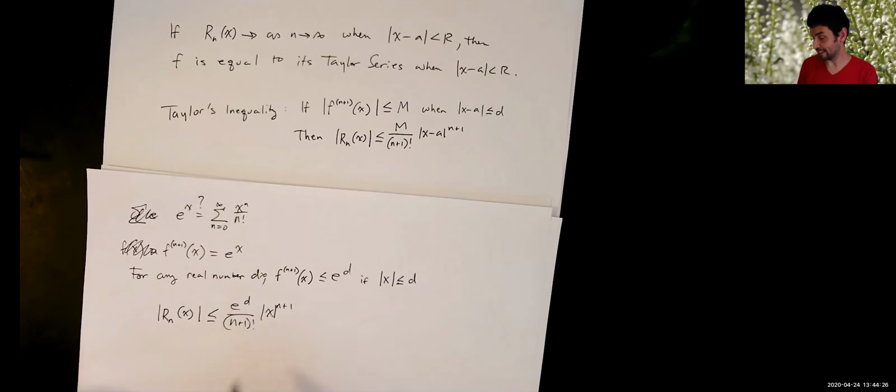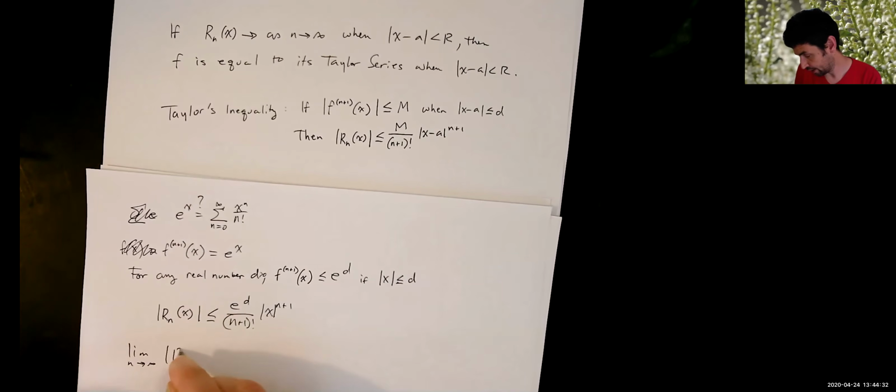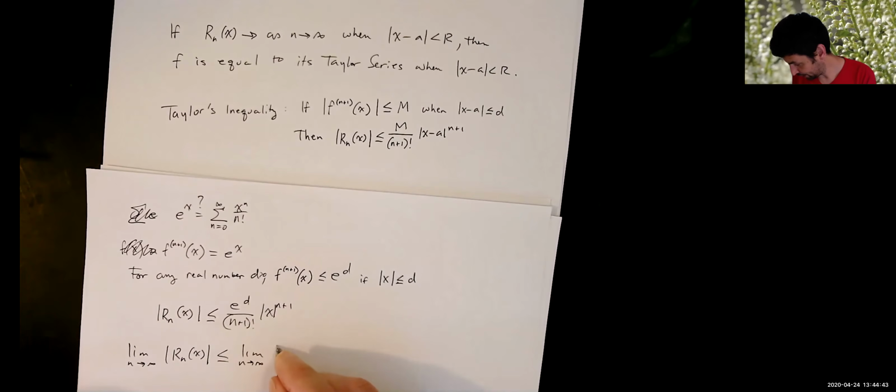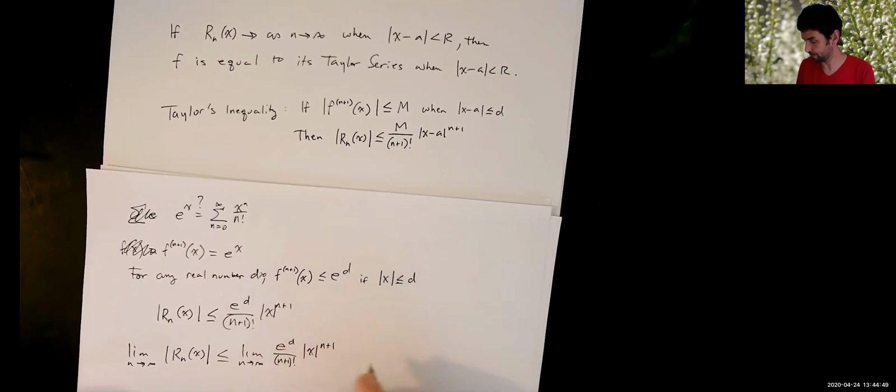Well, let's take the limit. This means that the limit as n goes to infinity of the remainder has got to be less than or equal to the limit as n goes to infinity of e to the d over n plus 1 factorial times the absolute value of x to the n plus 1.